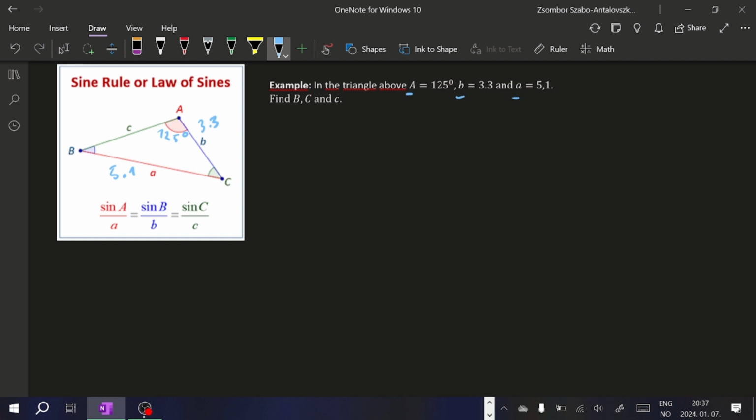That's good news because we can directly use the sine rule. So let's write down the sine rule here: sine of A divided by a is equal to sine of B divided by b. We don't need the c now, actually. You can leave it out.